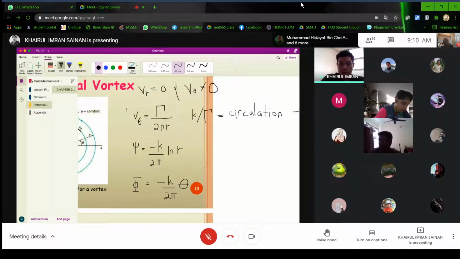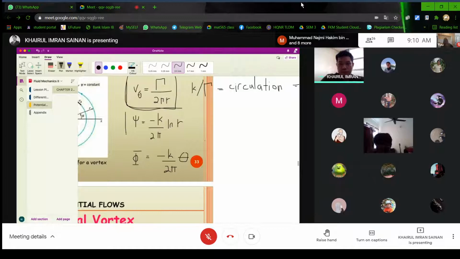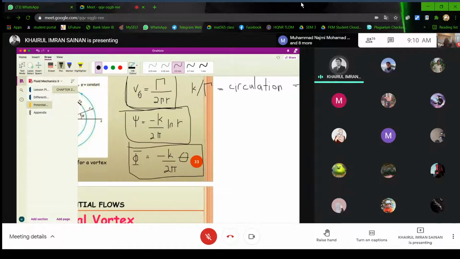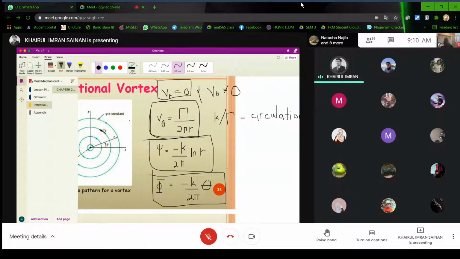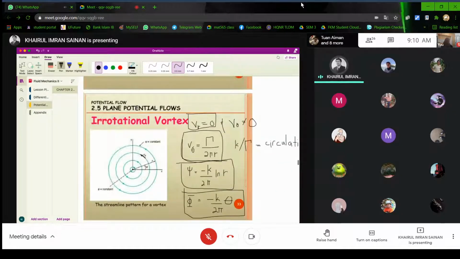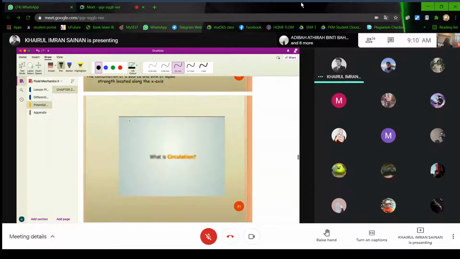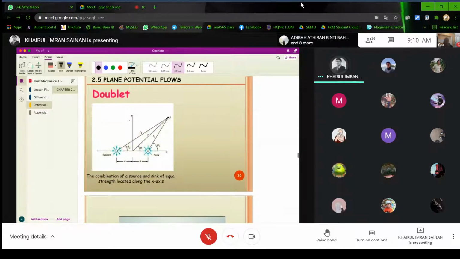So this is the equation that you need to remember. So always VR, V theta, psi, and phi. Done. So that is for irrotational vortex. So you have number 1, number 2, number 3, number 4. Okay, next we go to the last one, which is doublet.